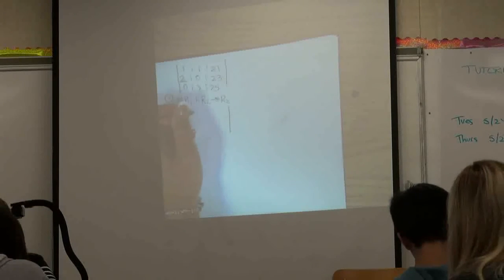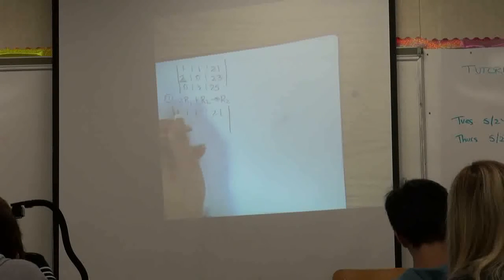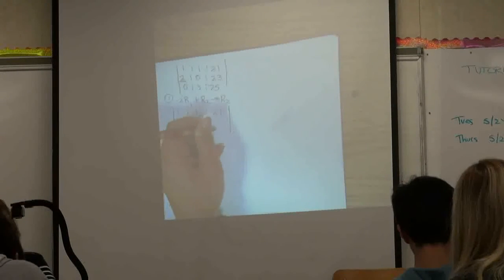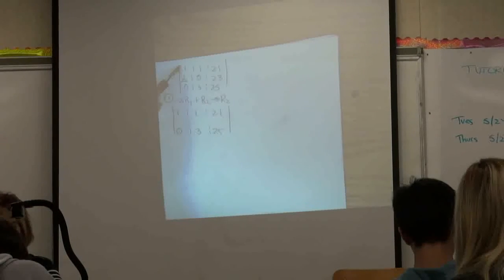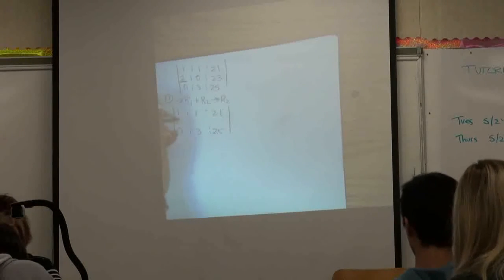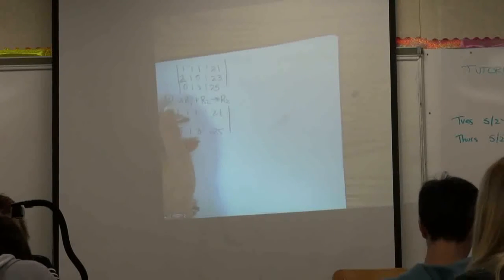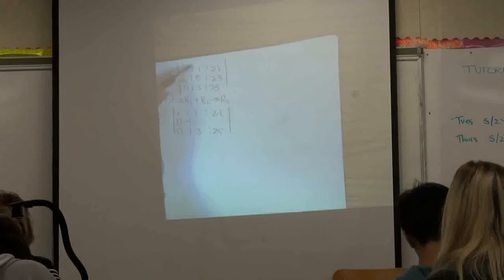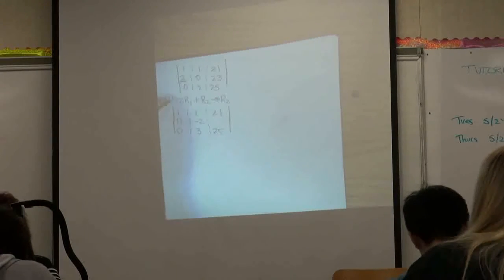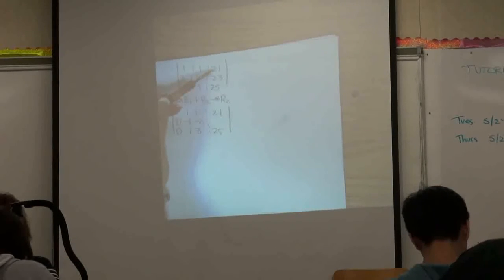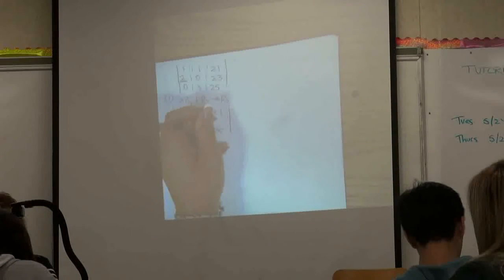So 1, 1, 1, and 0, 1, 3. -2 times 1 is -2 plus 2 is 0. -2 times 1 is -2 plus 1 is -1. -2 times 1 is -2 plus 0 is -2. -2 times 21 is -42 plus 23, is that -19?